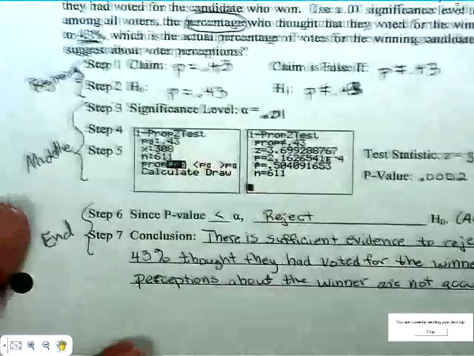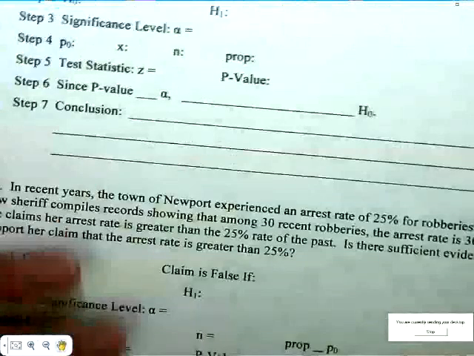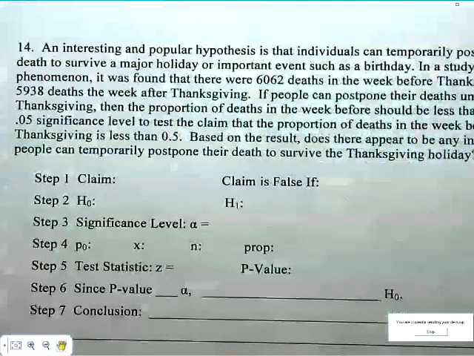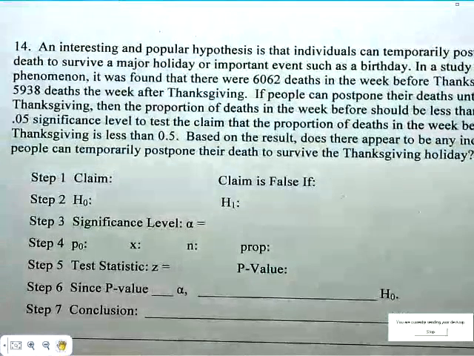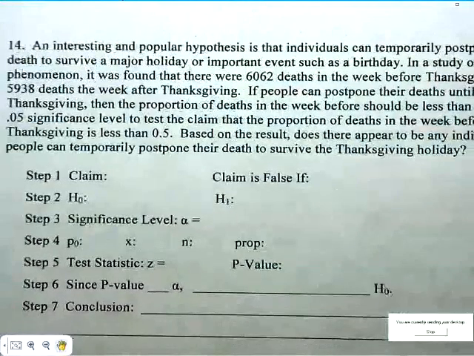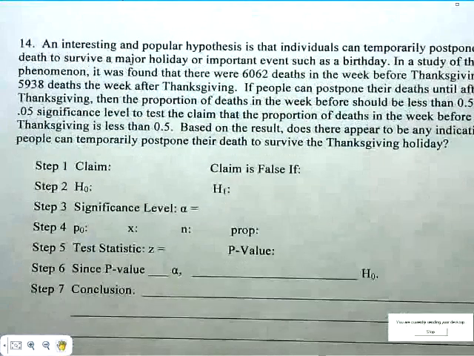All right, number 2. This is an interesting problem, and it actually says, this is an interesting problem. An interesting and popular hypothesis is that individuals can temporarily postpone their death in order to survive a major holiday or important event such as a birthday. Have you heard that?